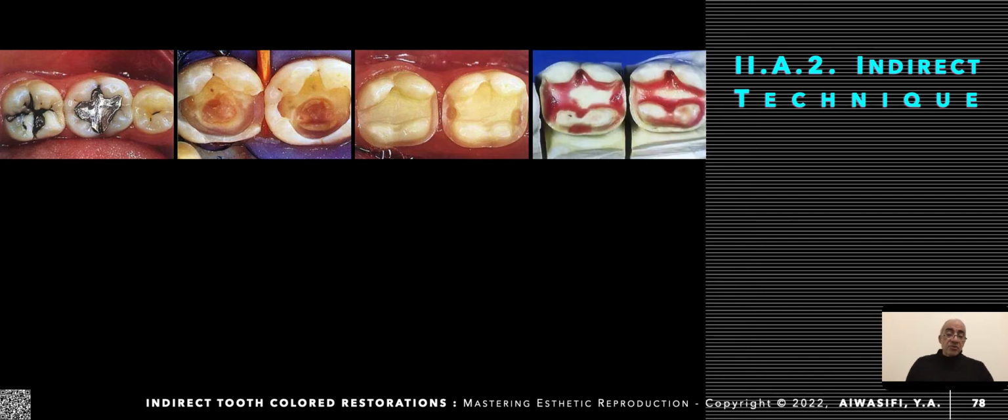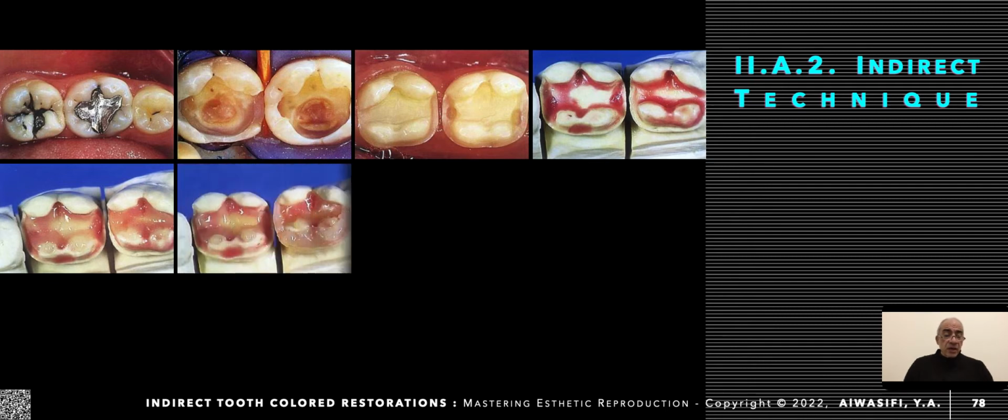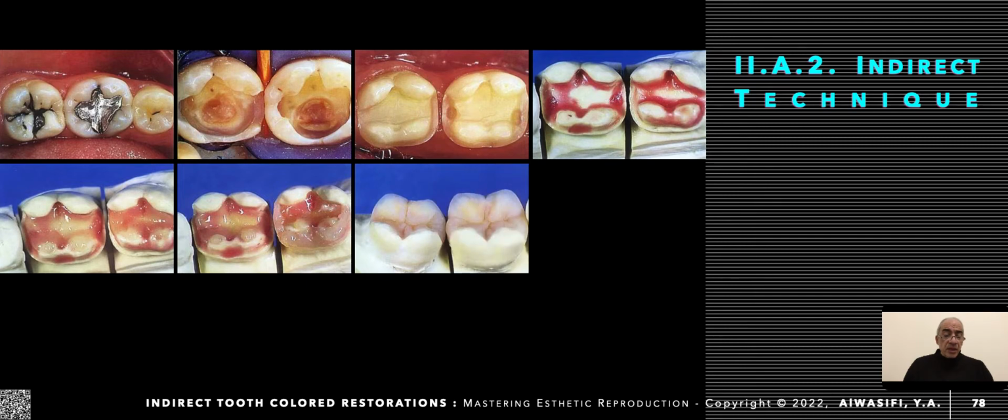Then comes the die construction, and on this die, minor undercuts are observed and blocked out with wax. Then building up your base material just to act as an opaquer, then building up dentine, then building up enamel.